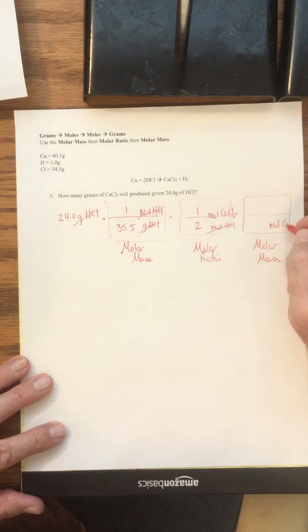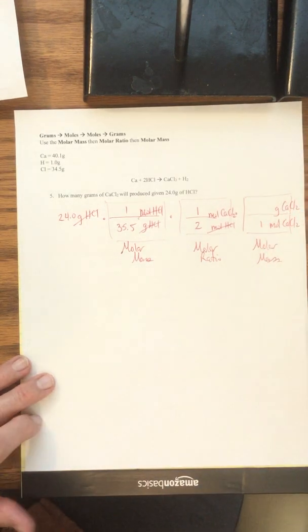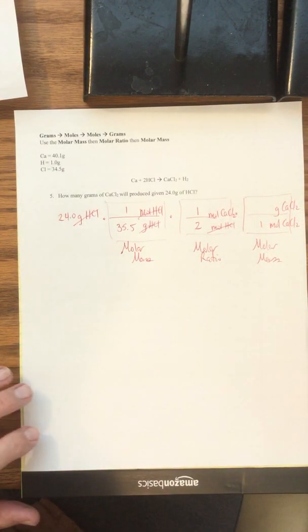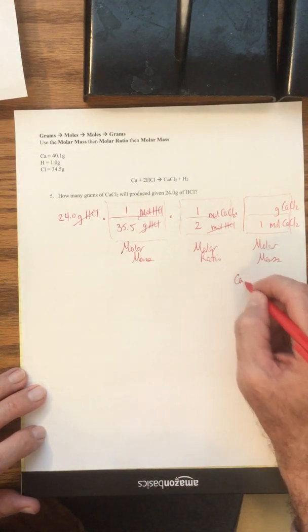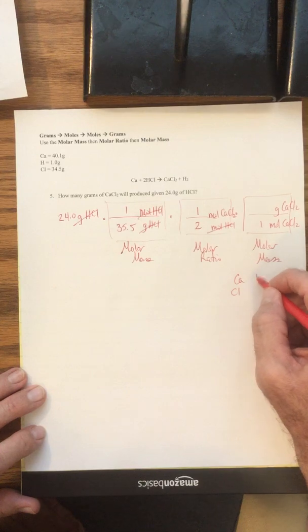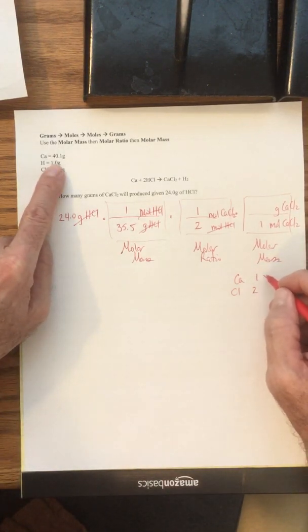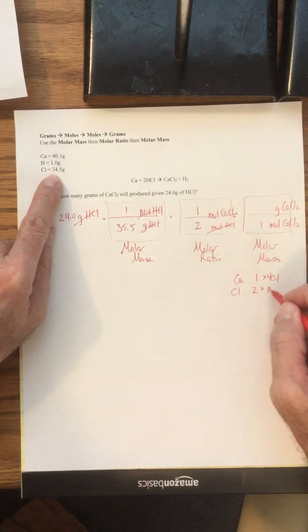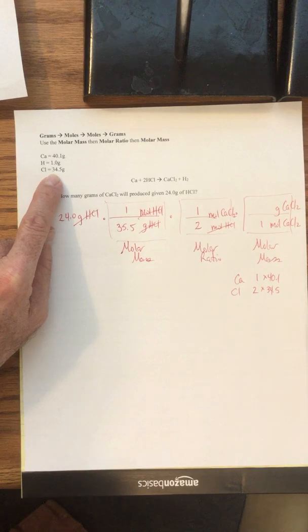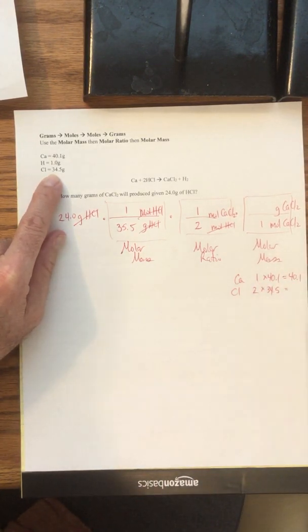So I'm going to have moles of CaCl2 to grams of CaCl2. 1 mole weighs, well, this is what we now have to calculate. So I have an additional problem here. We have calcium and we have chlorine. We have 1 calcium, we have 2 chlorines. Calcium weighs 40.1, chlorine weighs 34.5. 1 times 40.1 gives me 40.1.